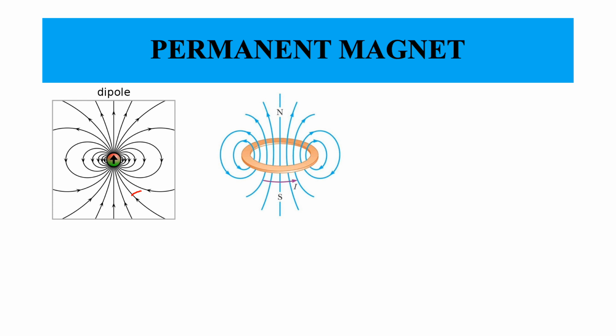What I have is fictitious magnetic charges, plus qm and negative qm, and these charges would produce a magnetic field exactly the same as that of the current carrying loop. The far fields are essentially the same. So there are two ways in which people think of magnetic material or magnetic dipoles, since magnetic materials are made up of magnetic dipoles.